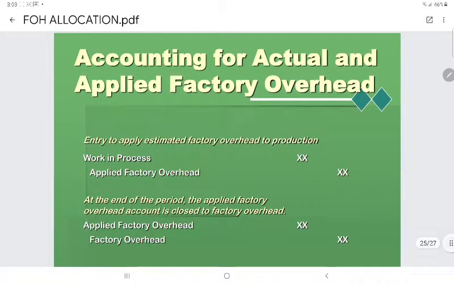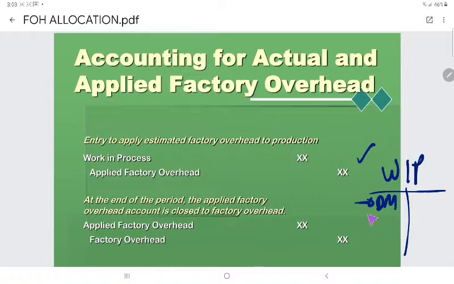Ayan. How are we going to apply? Ito yung recording natin. Kasi if we have here the work in process, papasok dito yung direct materials, papasok dito yung direct labor, then papasok yung factory overhead. But it should be applied. No? Or, wag natin gamitin ito.